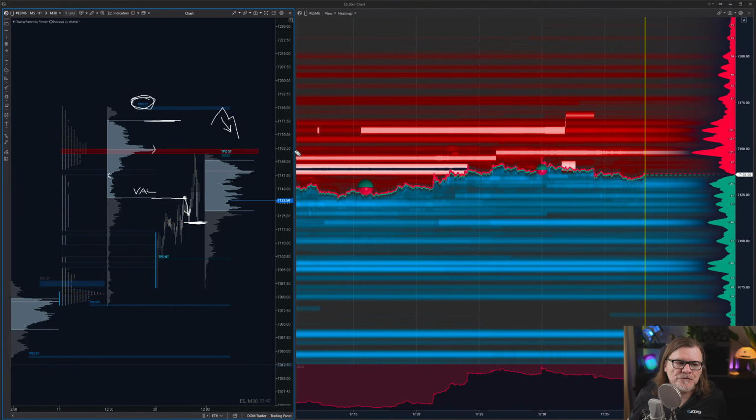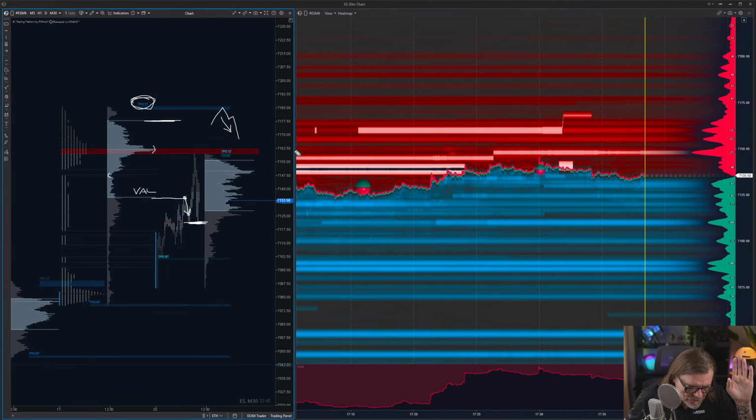So this is the advantage of having a powerful, state-of-the-art heat map within ATAS. Because you can use all the existing tools with a heat map. I like saying this, it's like a movie with Nicolas Cage.